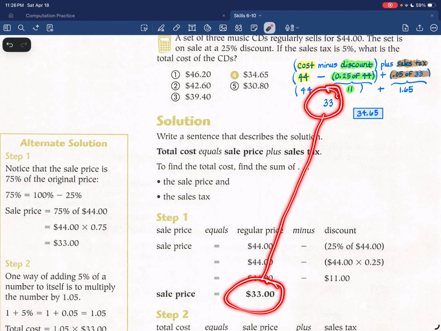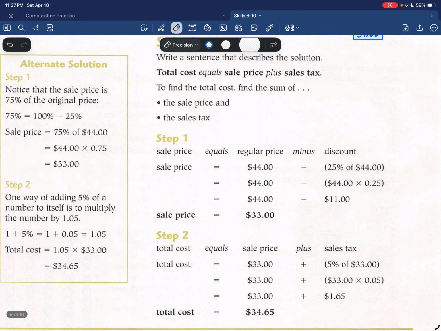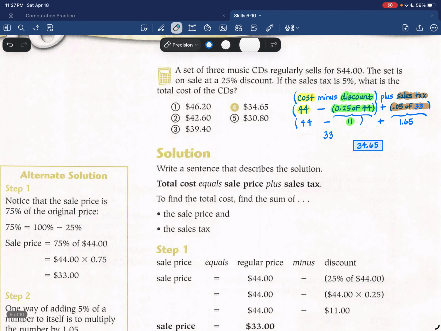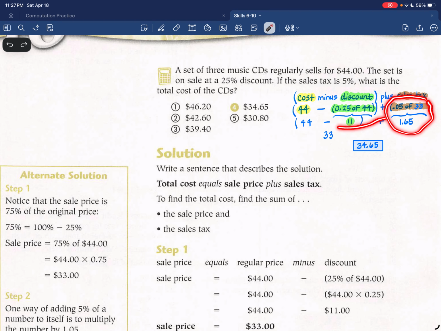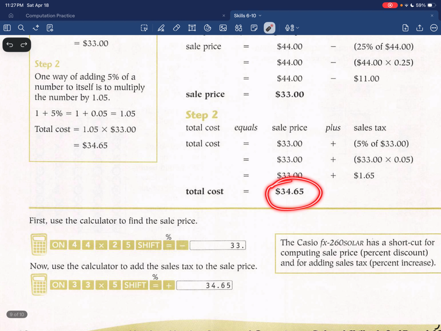Okay, so that would be the first step, to find the sale price. Step 2 was to take the sales price, which was $33, and add the tax. And that's what we did right here. So we found the sales tax, and then we added it to the actual cost, and we came up with $34.65.